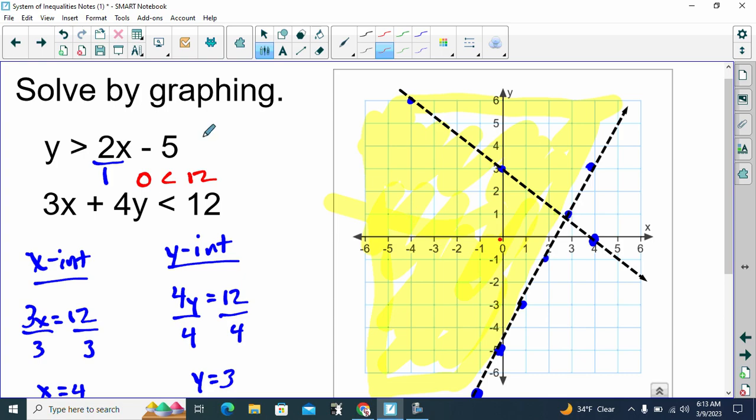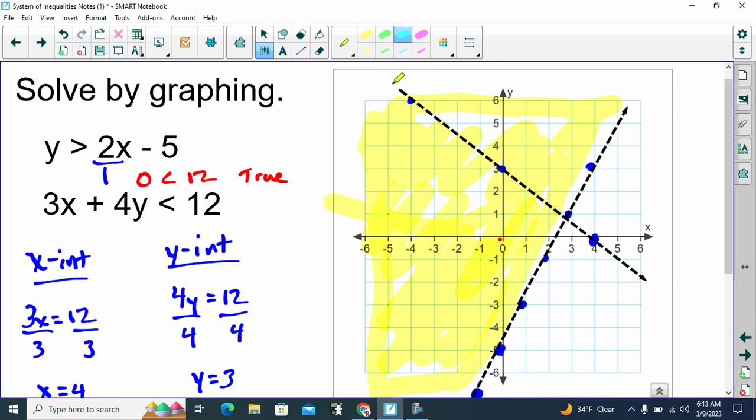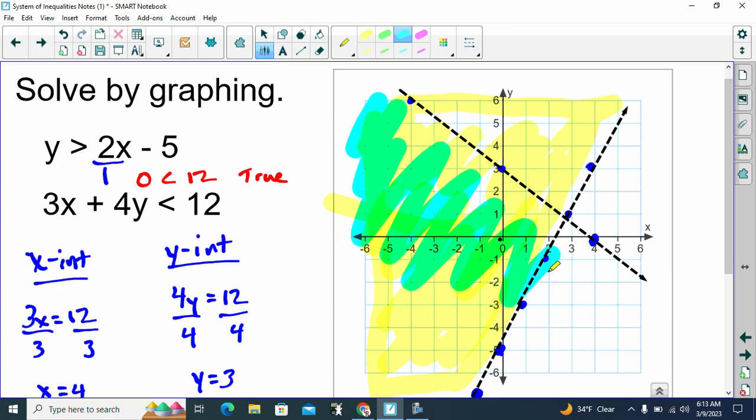That is true. 0 is less than 12, so I want to shade in towards 0, 0. So if I shade in towards 0, 0, that's all of this shading down here and over here.